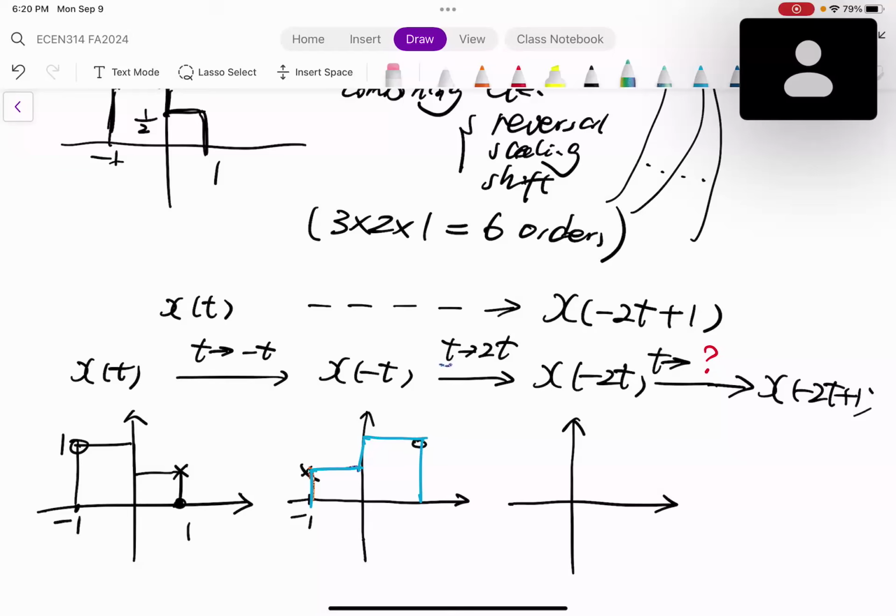The old t becomes 2 times the new t. So the new t, the new clock, is half of the old t, isn't it? So is it time compression or time expansion?